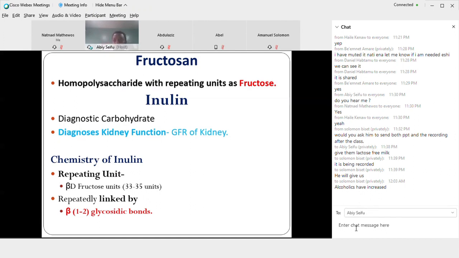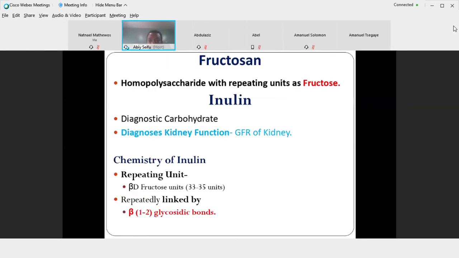Okay. Clinically, nowadays, to check whether our kidney is normal or not, one of the kidney function tests is creatinine. Clinical applicable biochemical test is creatinine, and when creatinine level is increased, almost 50% of our nephrons are damaged.